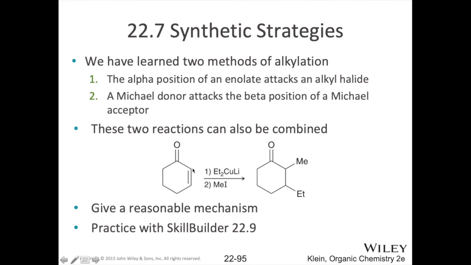Now notice that this position here is alpha to this carbonyl over here, so that can also be turned into a nucleophile, right? When you react this with a Gilman reagent, this turns into an enolate, right? That's one intermediate. So instead of protonating that, you leave it as an enolate where it's still a nucleophile, and it will attack this methyl iodide and tack on this methyl group at that alpha position.